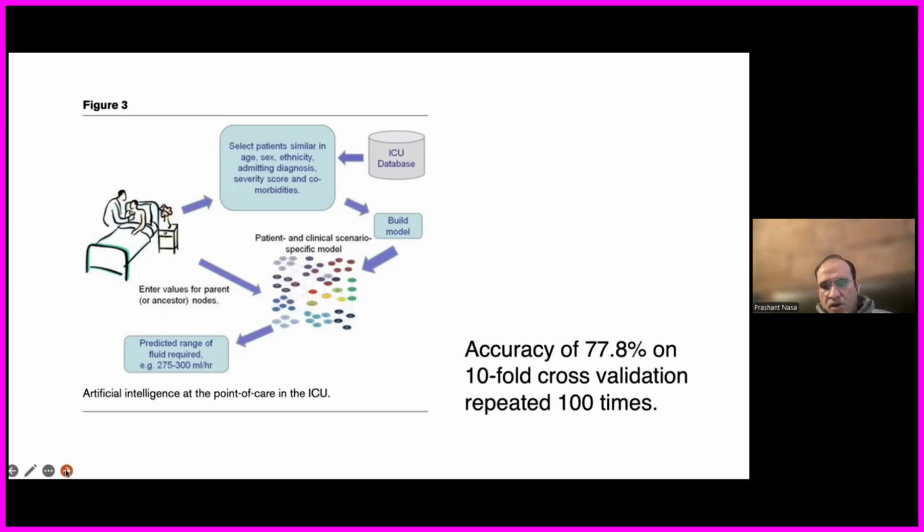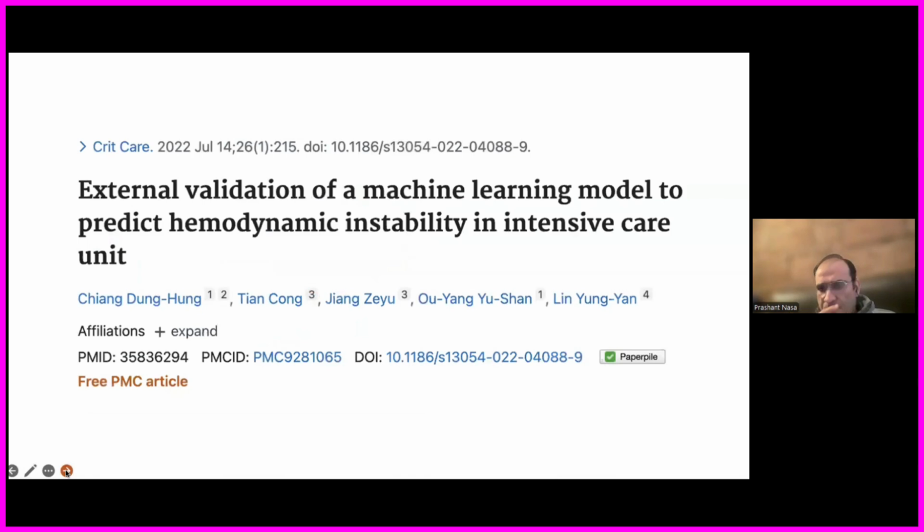The model was nearly 78% accurate, and while finally validating this model, the accuracy remained nearly 78%. So it was able to predict whether the patient needs fluid in the maintenance stage or does not need fluid, and we can safely stop the fluid in these patients.